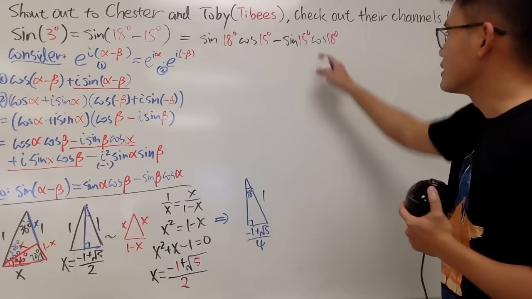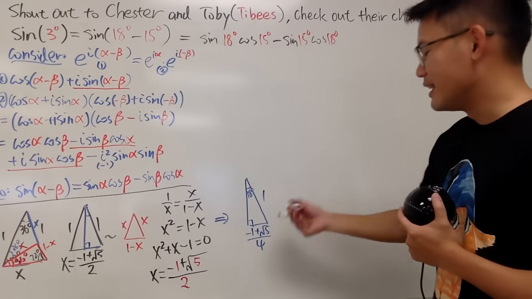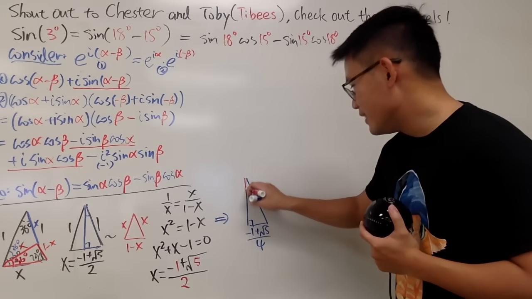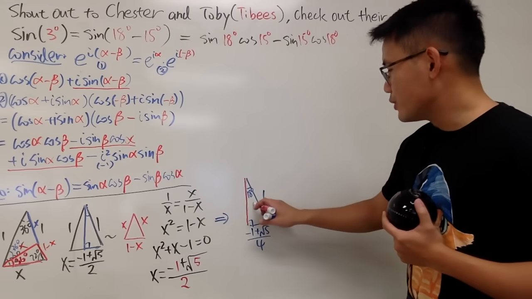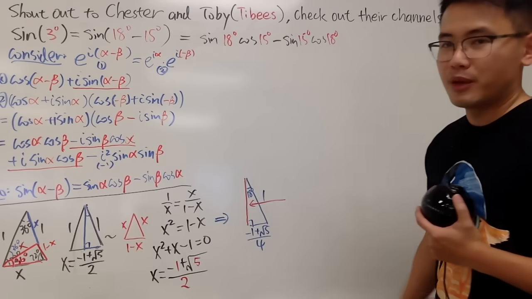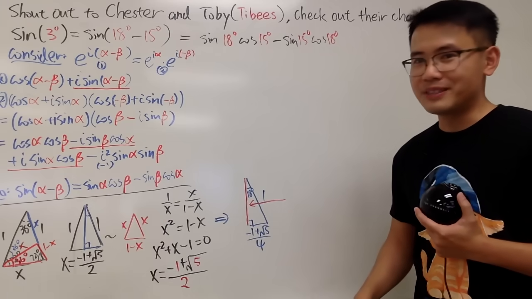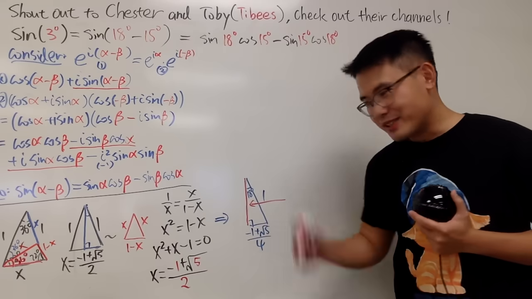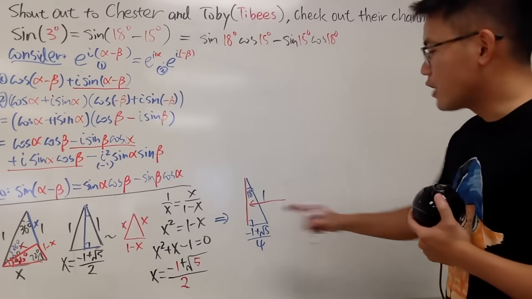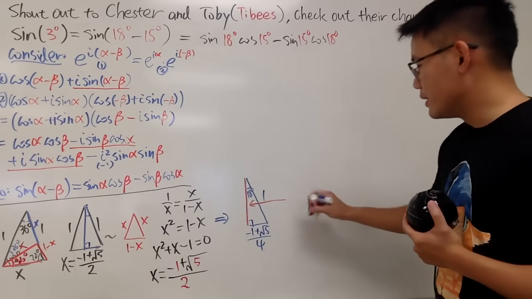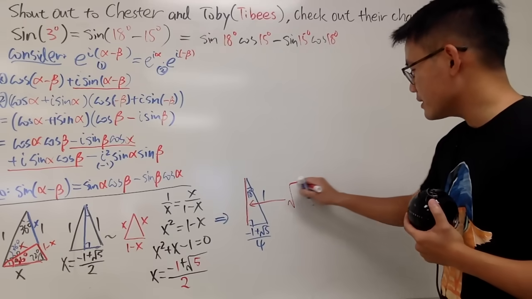But we don't know what cosine is. We need the adjacent side. So let's see if we can come up with the adjacent side right here. And to do so, we'll just use the Pythagorean theorem. But that's a famous one, so I'm not going to prove that. a squared plus b squared is equal to c squared. But I will label this as, let's say, b. So to get this side, what we do is just open the square root.